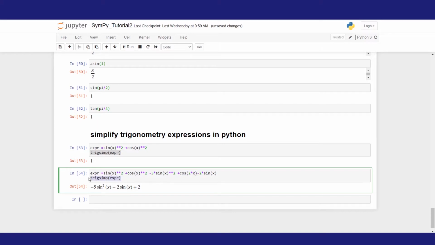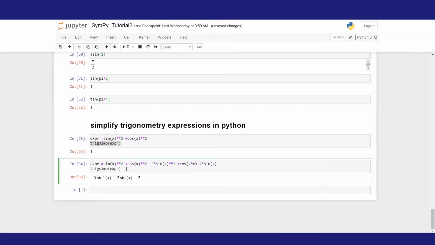So this function is very strong when it comes to simplifying expressions in trigonometry. We can do the same thing with hyperbolic functions. We can expand and simplify, much like simplify and so on.